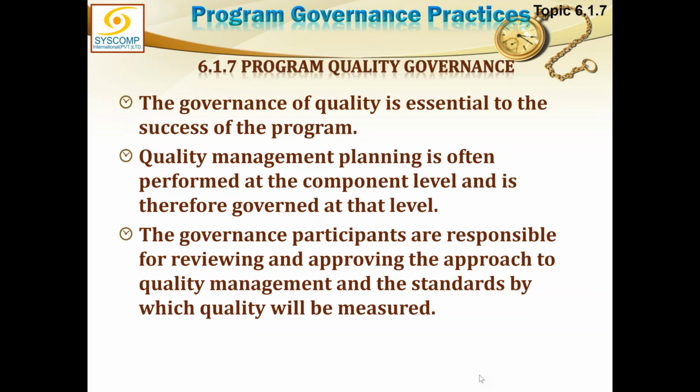The governance participants are responsible for reviewing and improving the approach to quality management and the standards by which quality will be measured. So, how the quality is being measured, what approaches are being used, naturally, this is part of the governance, and you are just ensuring by reviewing and approving whatever is coming from the component according to that quality standard.